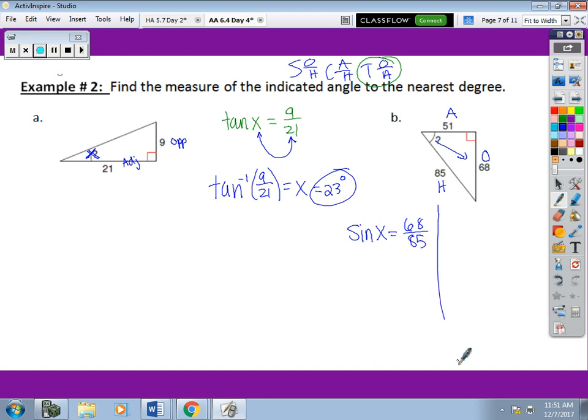You could also do cosine. You don't have to do all three, but you would just do one. Or you could do tangent. Obviously, you then have to do your inverse to switch them around. And I'll show you how all three will get you the same answer.